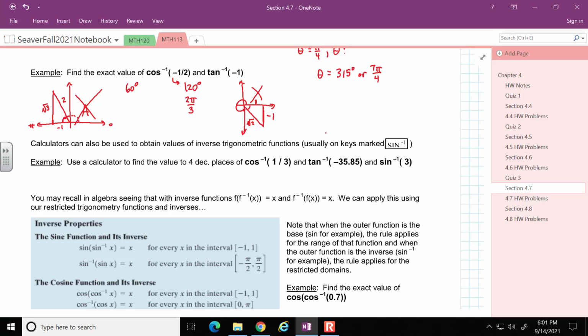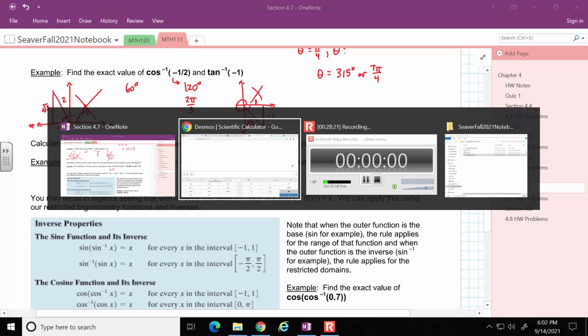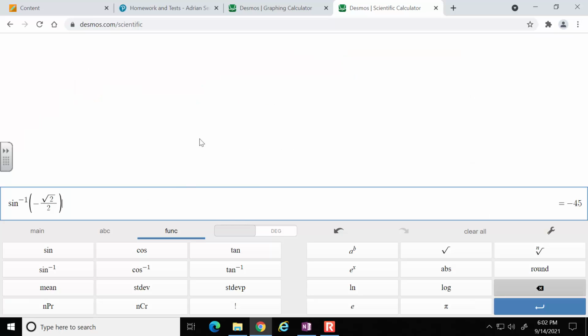70.53. All right, I have one. Anybody else have something different? I assume by 70.53 you're talking degrees, correct? Yeah. All right. Does anybody do it in radians? Let's see what I get. Inverse cosine of 1/3.